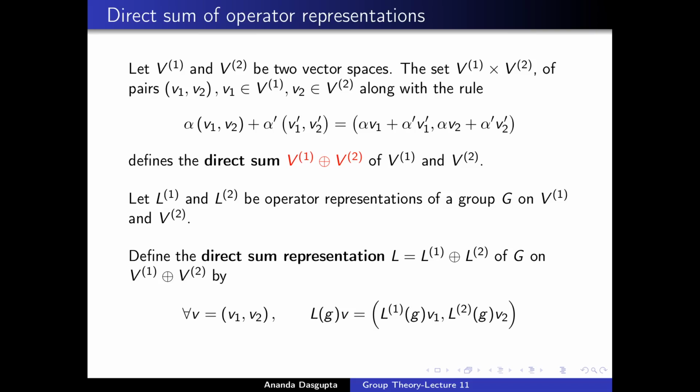This should be very reminiscent of the way in which we define direct product of two groups, and essentially is the same structure. However, let me warn you about one potential confusion which may arise later. We are going to talk about direct product of representations in a later lecture, and that's going to be very important for us as another means of building up a big representation out of smaller representations.